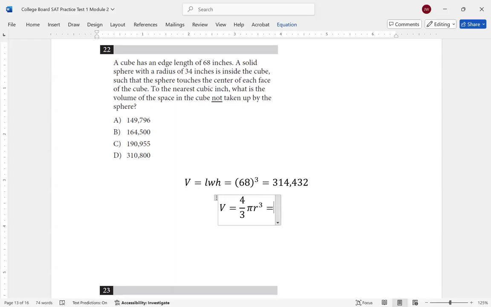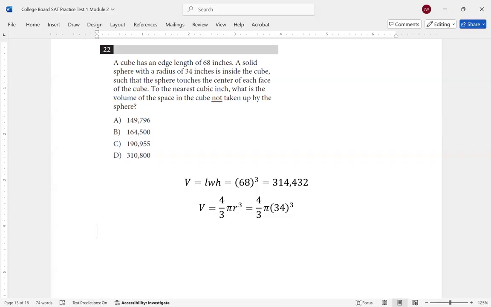In this case, the radius, it says, is 34 inches. So we take 4/3 times pi multiplied times 34 raised to the third power, and we'll get some approximate value. Again, the top one is the volume of the cube, and the bottom is the volume of the sphere.